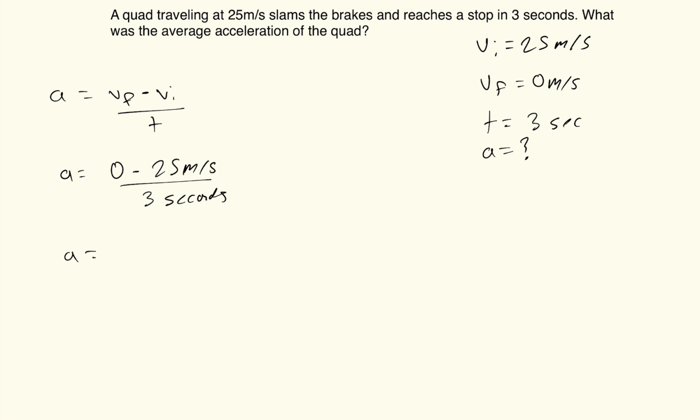A is equal to negative 8.3 meters per second squared. Now, since acceleration is a vector, it can be negative, but let's try and make sense of this. If something is moving forward and it has to come to a stop, the force is going to be in the opposite direction, which is why the acceleration is negative 8.3 meters per second squared.